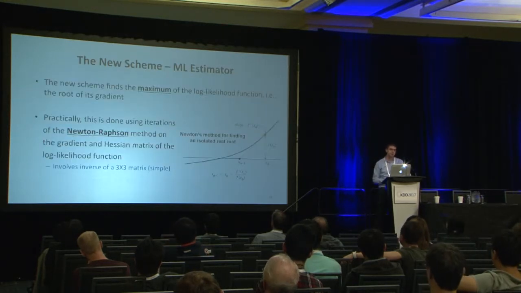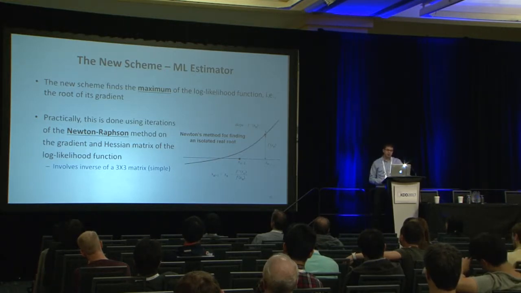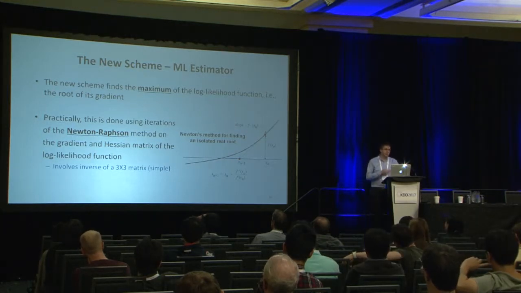And that's exactly what the new scheme does. It finds the maximum of the log likelihood function, which is the root of its gradient. And this will be our estimation for the set intersection cardinality.